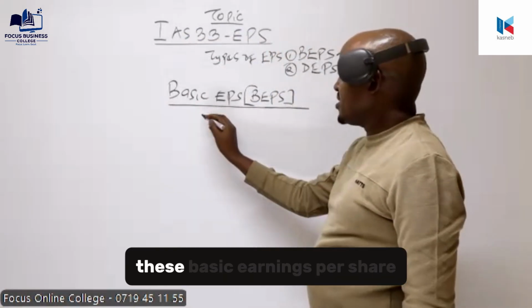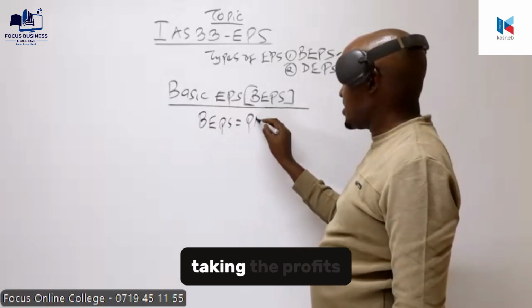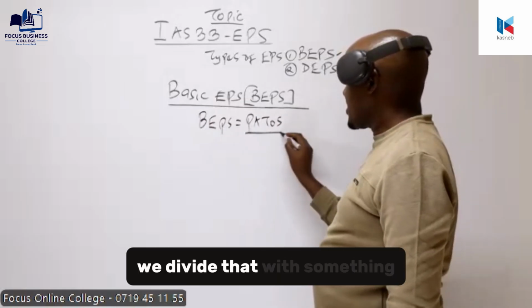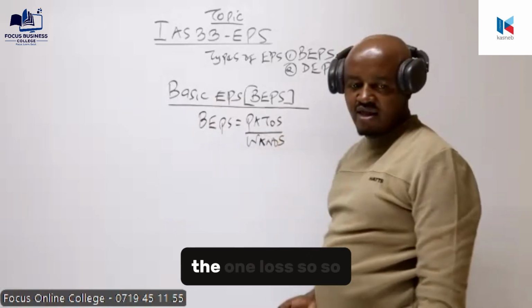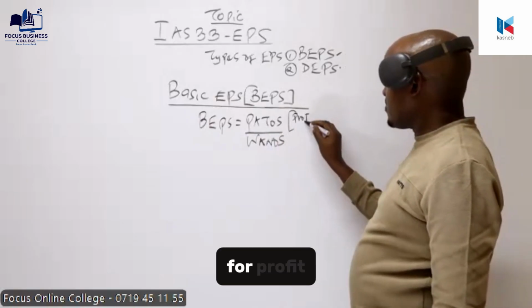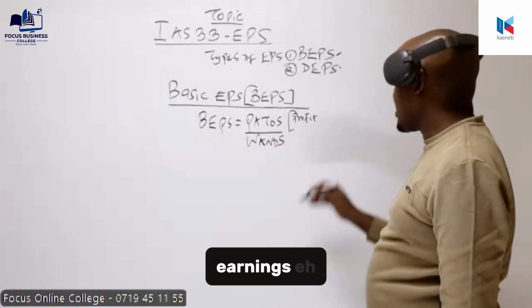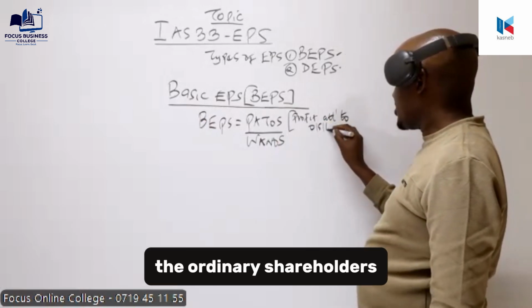So how do we compute this basic earnings per share? Basic earnings per share, we said, is computed by taking the PATOS. We divide that by something called the WANOS. So basically, we said PATOS is the short form for profit, which is also known as earnings, which is basically attributable to the ordinary shareholders.